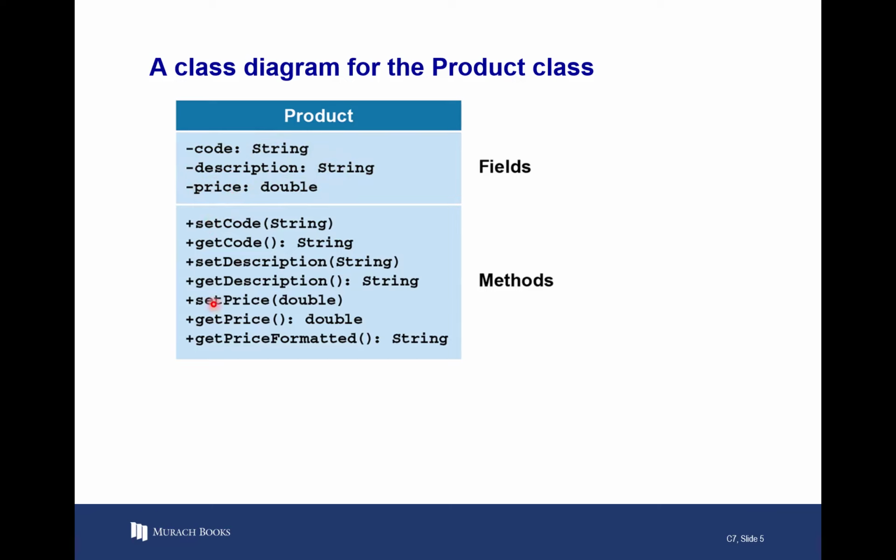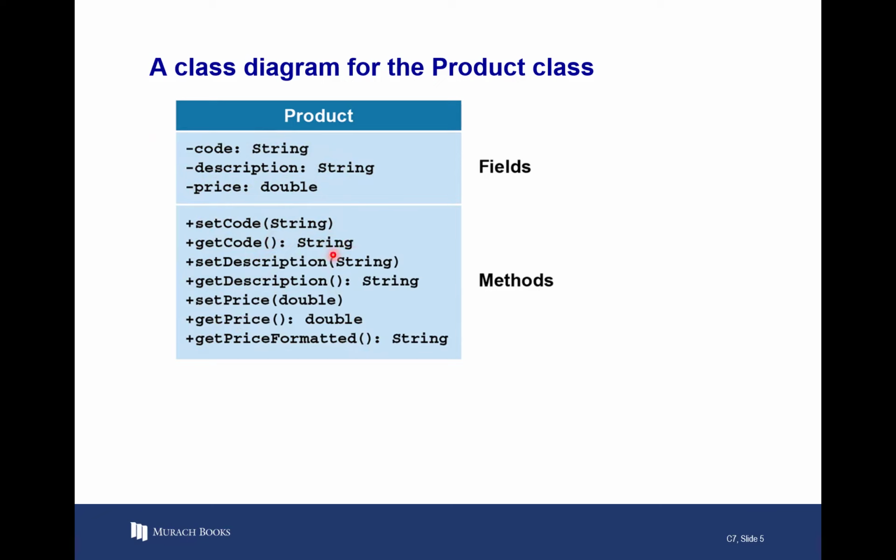And these are the different methods: set code, get code, set description, get description, set price, get price, get price formatted. In set code, you are passing a single argument. In get code, you are not passing anything, but you are returning a string value.